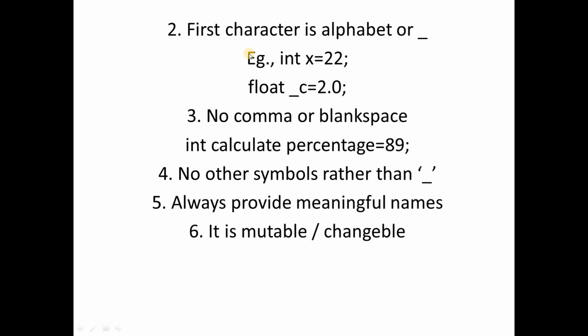If we want to declare some variable, then we have to declare the variable with the first letter as an alphabet or as an underscore. We cannot declare any variable starting with any other symbol. Suppose you have to declare percentage, then you have to provide an alphabet first.